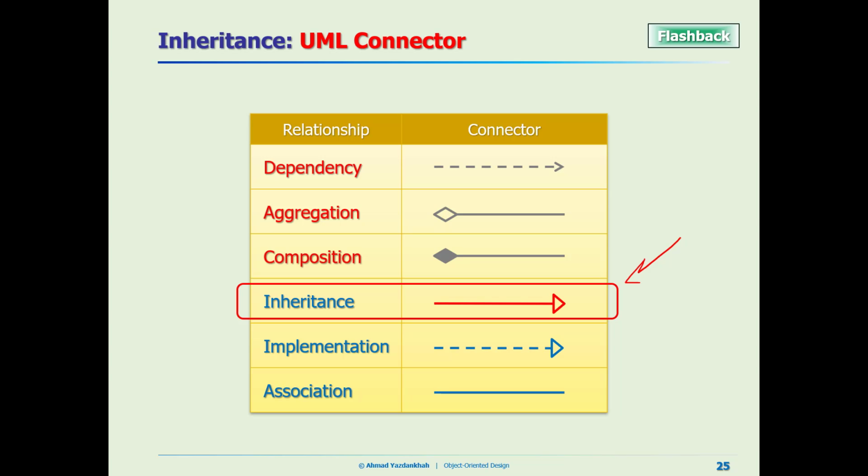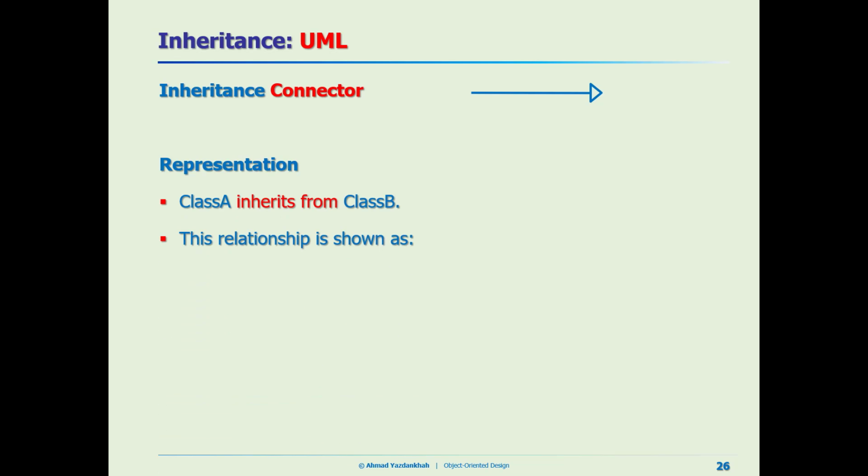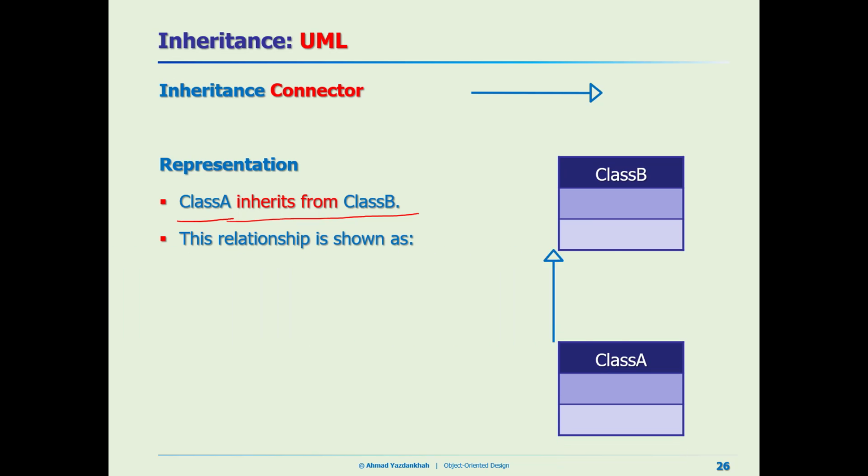All right. So as we showed in the previous slide, the connector looks like this, and when class A inherits from class B, this relationship is shown by this, class B, class A. In this representation, class B plays the role of parent, and this one is the child, or superclass and subclass.